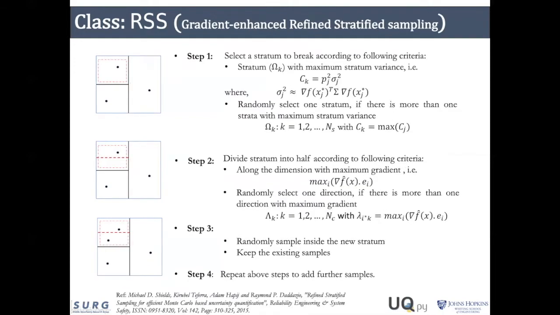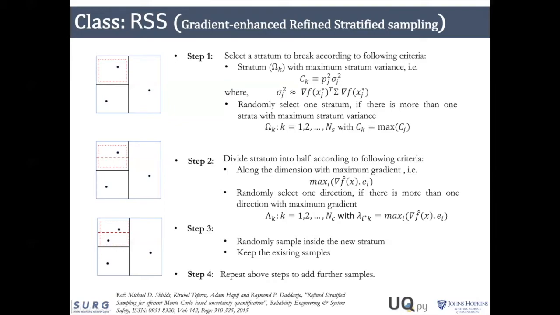And in the case of gradient enhanced refined stratified sampling, we estimate the variance associated with each strata. We look for the strata with the maximum variance, and we select that strata to break in half.